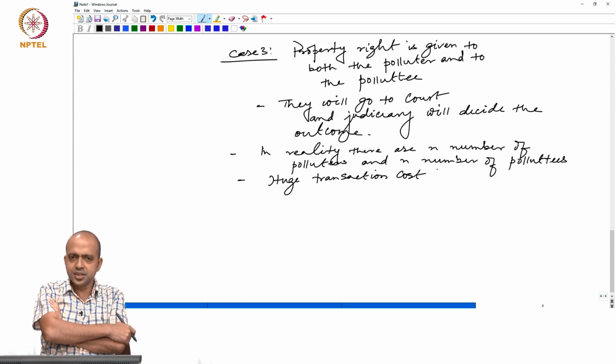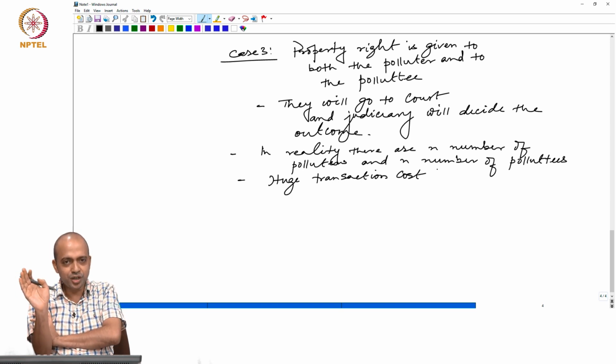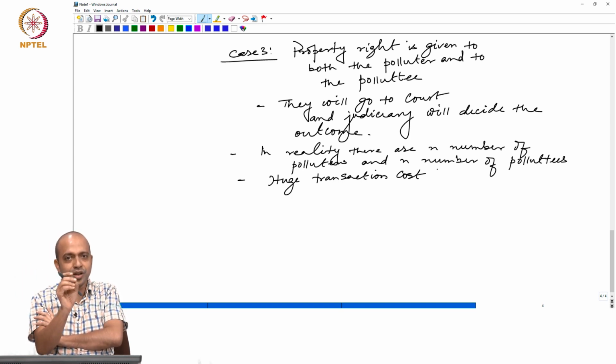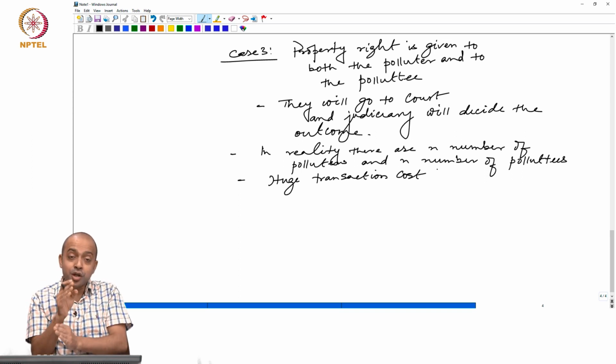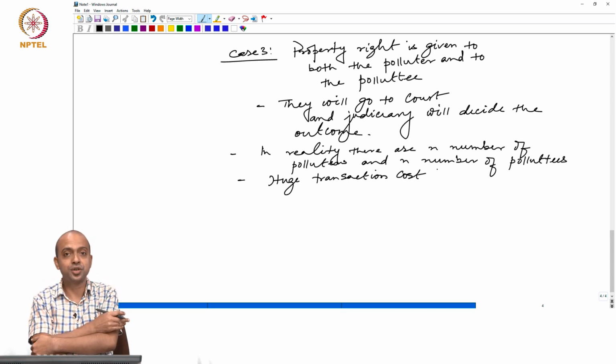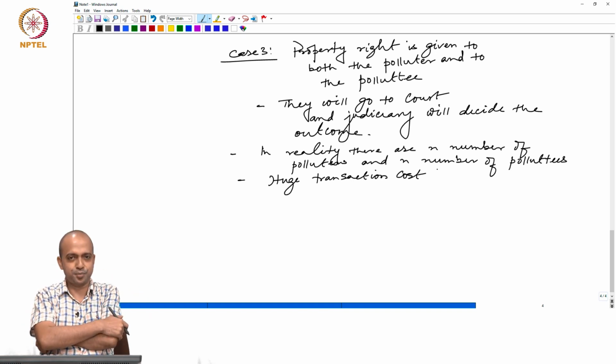Then Coase said, yes, what you are saying is correct, and I never said the world is transaction cost free. Rather, please try to understand the proper meaning of what I said: if transaction cost is zero, then there is no need of government intervention. These two parties can bargain and reach a solution. If you reverse my theorem, that means when there is a transaction cost, then it is not possible for the private players to bargain.